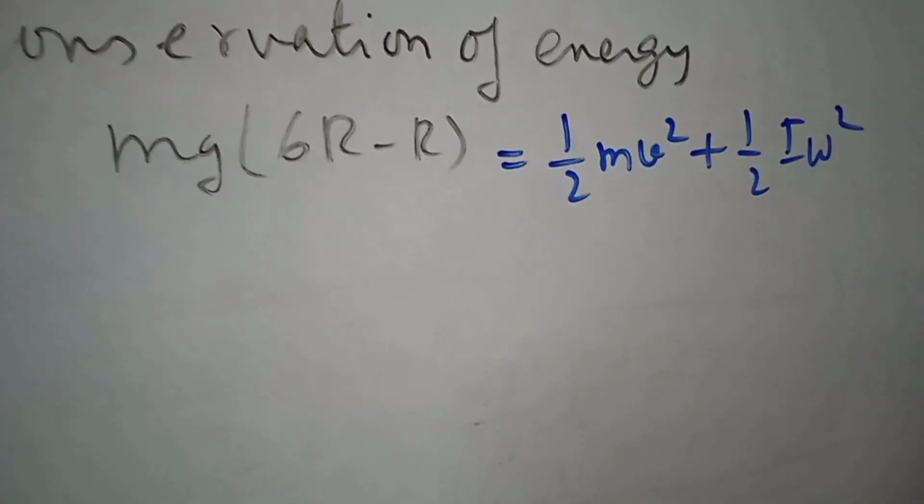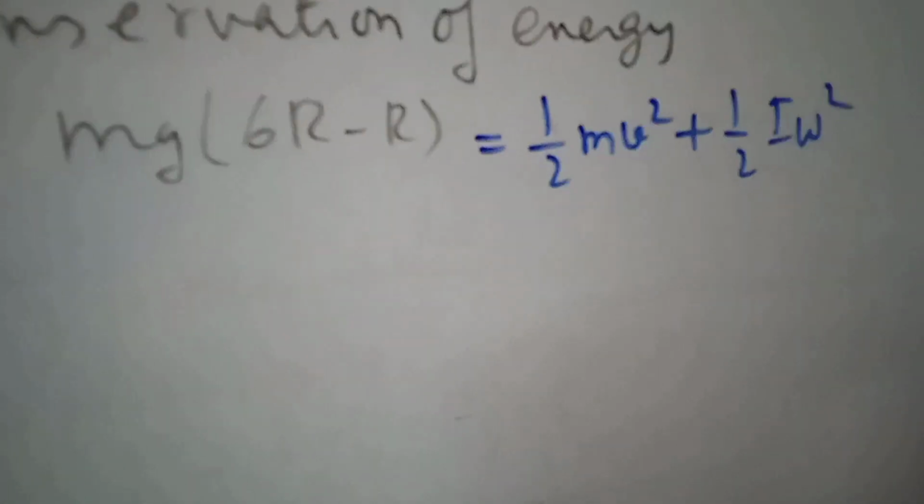Let us use blue pen. mg into 6r minus r equals half mv square plus half I omega square. So what will it come?